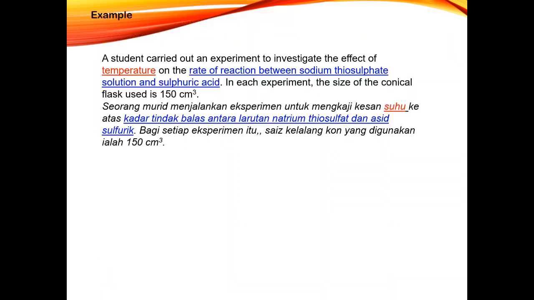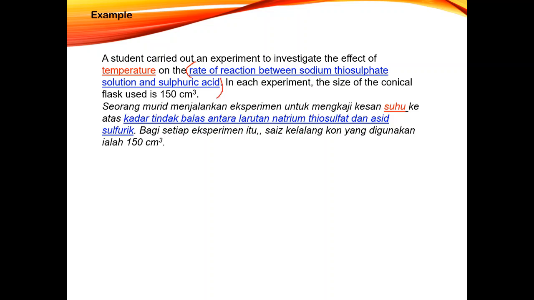Another example here is to study the effect of temperature on the rate of reaction between sodium thiosulfate solution and sulfuric acid. You can see the underlined words: temperature refers to the manipulated variable, and the rate of reaction between sodium thiosulfate solution and sulfuric acid refers to the responding variable.